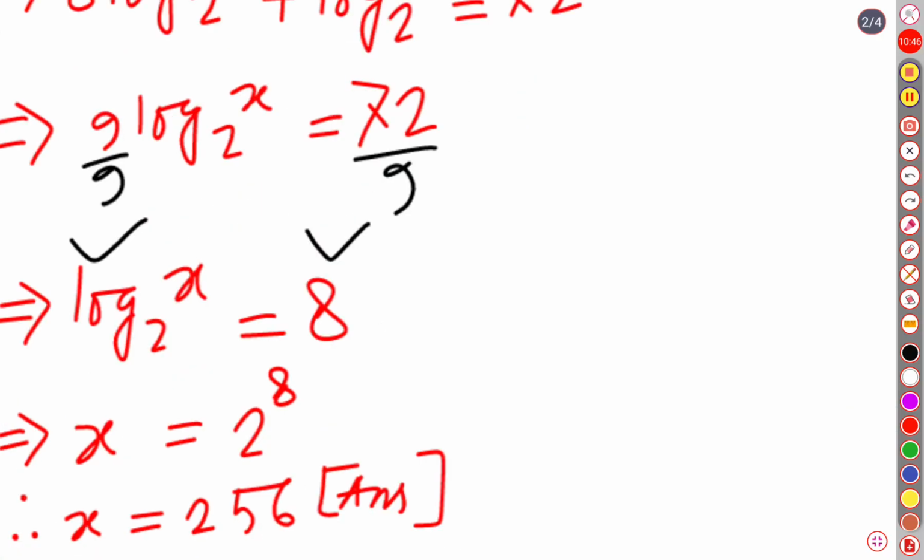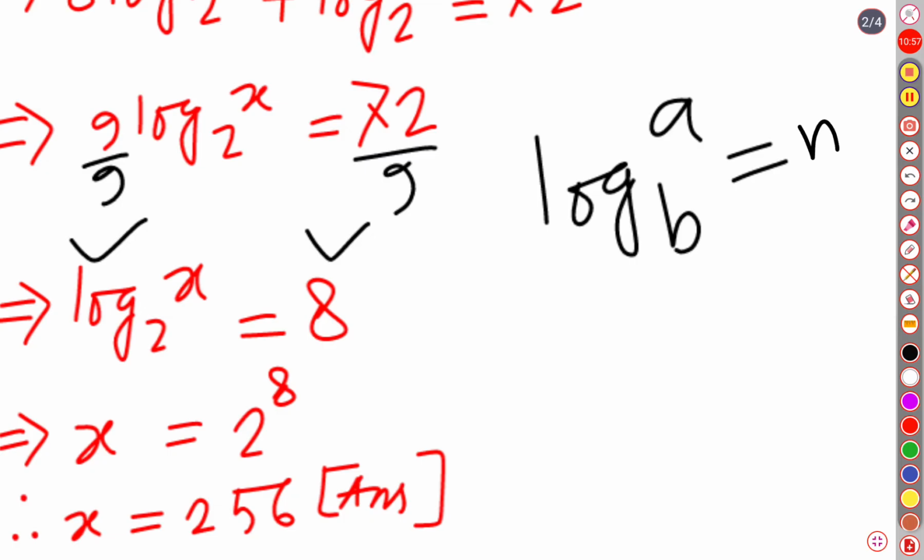Now we are going to learn another fundamental concept of logarithm. Suppose this is a question: log with base b and argument a equals m. What will happen? The base can never be changed.